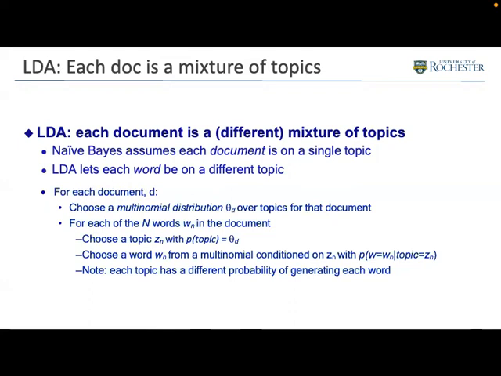Then we choose a word W_n from the multinomial conditioned on Z_n with this probability. This is very similar to the previous slide. And then each topic will have a different probability of generating each word.